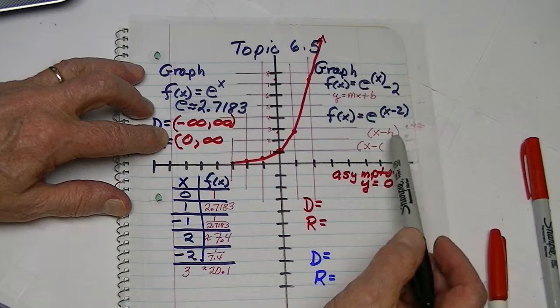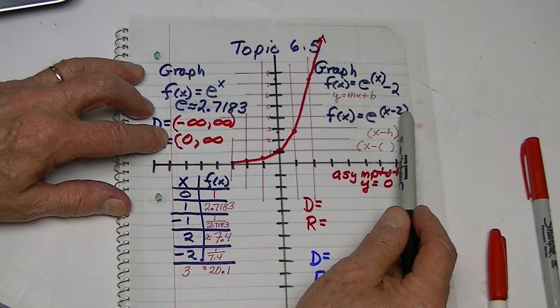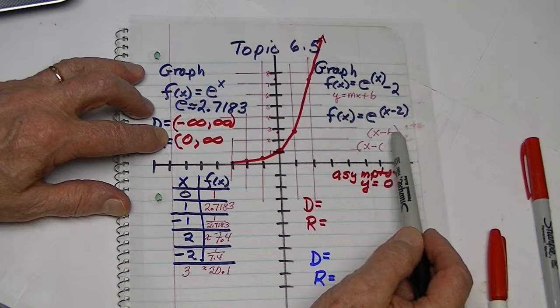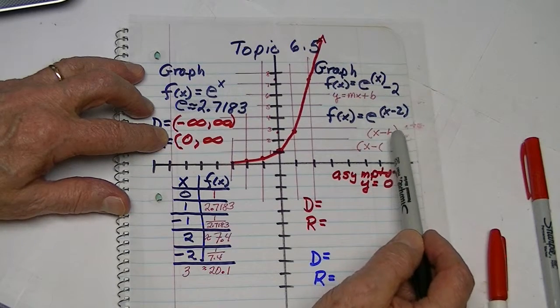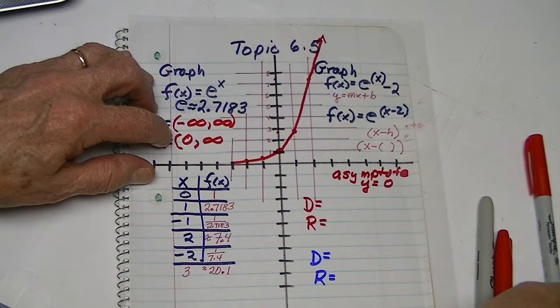And again, we had mentioned that when you have x inside of parentheses, it's often in the form of x minus h, where what was the value of that h originally? That is the question.